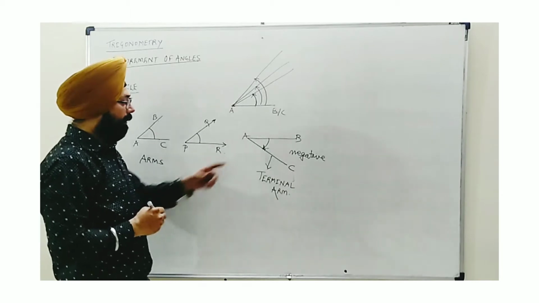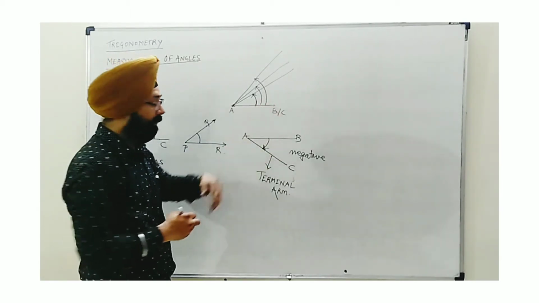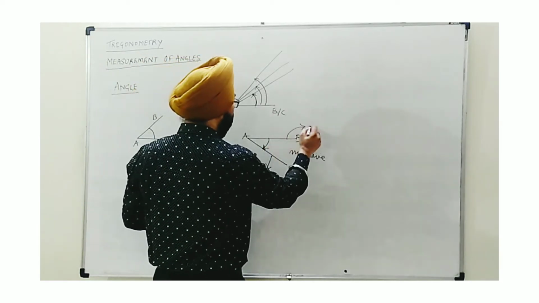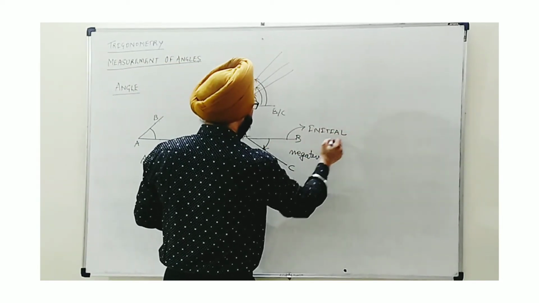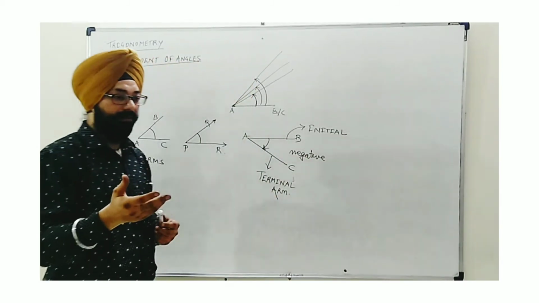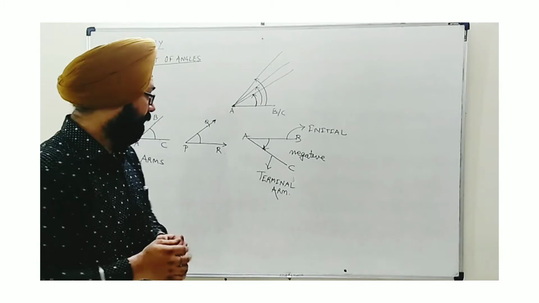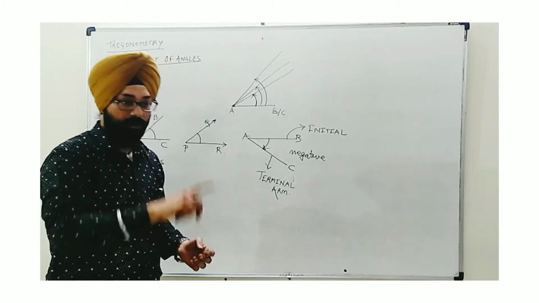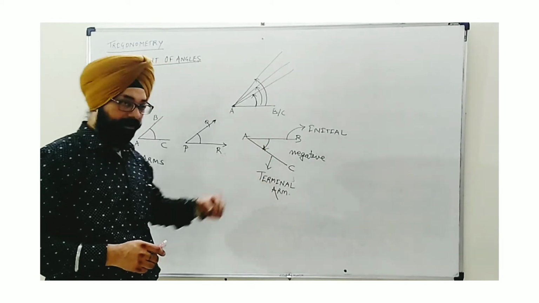And from wherever it starts, the other arm is known as initial arm. Initial means the arm which begins, from where it begins, and terminal which keeps rotating. So in this condition, this is terminal arm, this is initial arm.